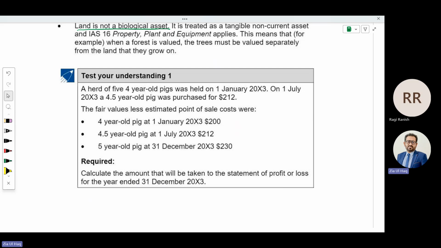What's their life? All having life of 4.5 years now. After 6 months pass, obviously they become 6 months more old. The fair value less estimated point of sale cost of a 4-year-old pig at 1st January 20x3 was 200.